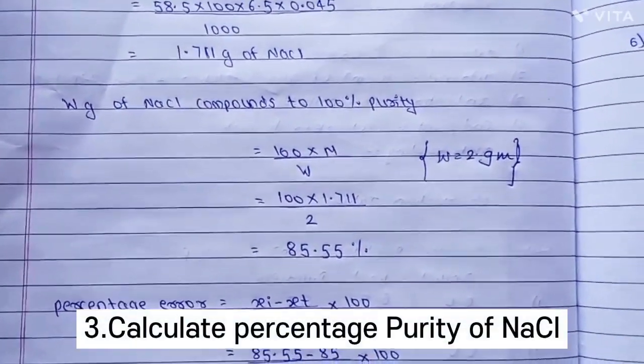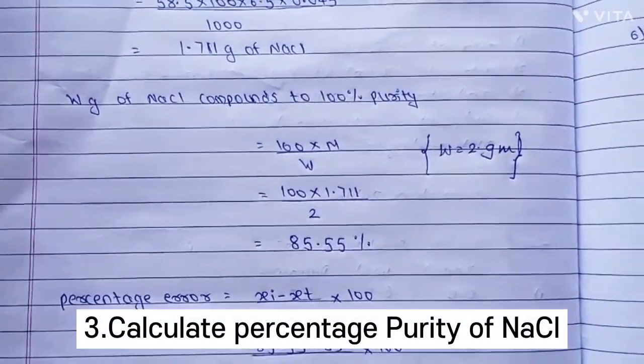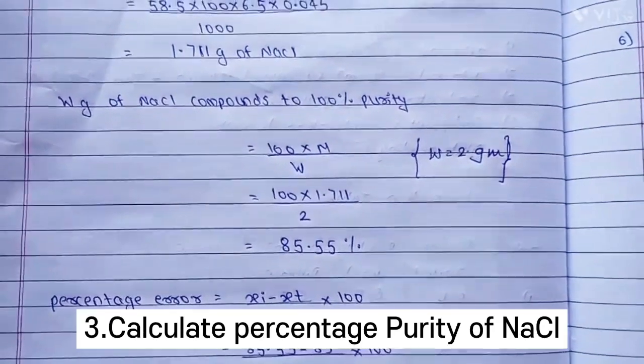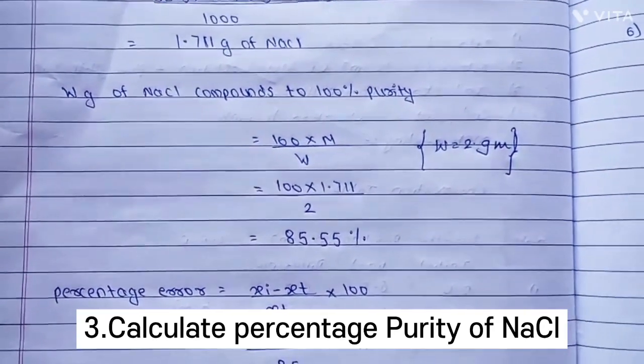The weight of the given sample is 2 gram, and therefore the percentage purity of the given NaCl sample is 85.55.